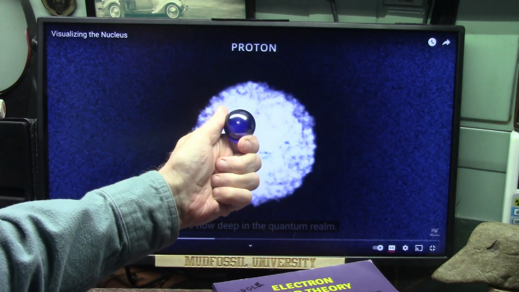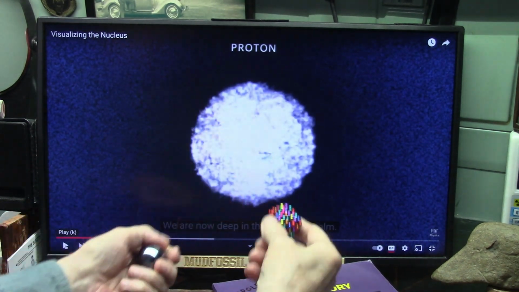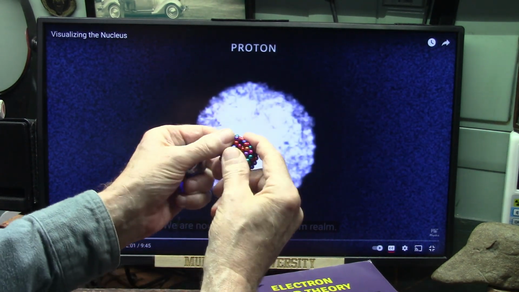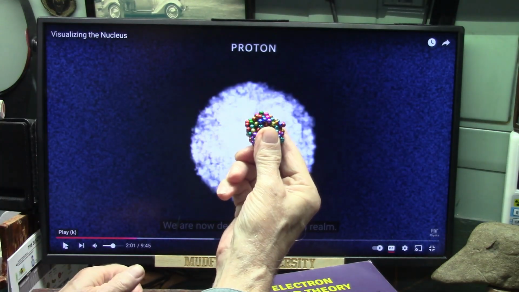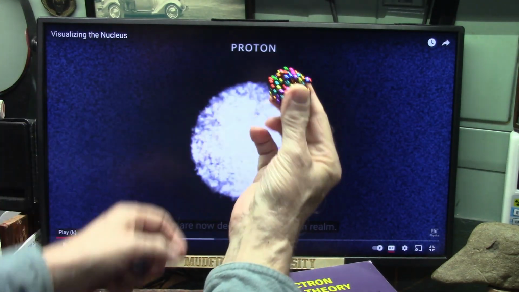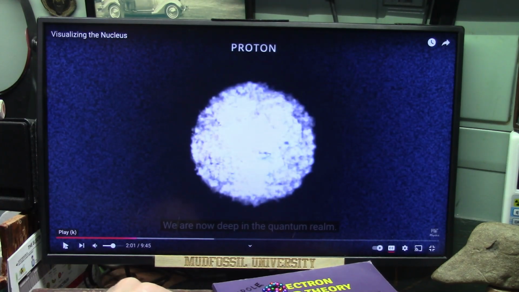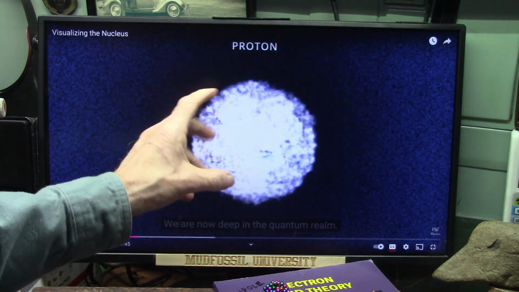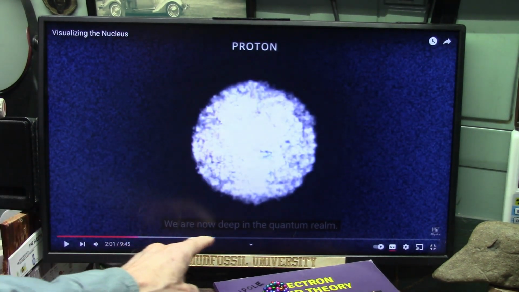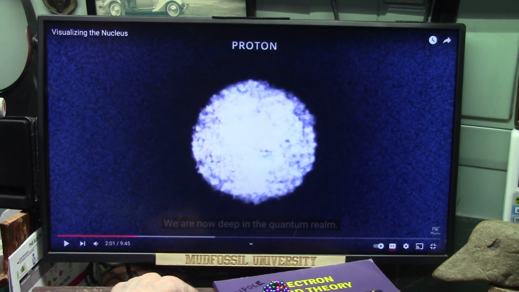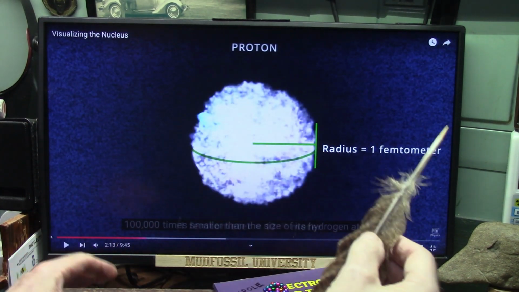Well, I say a proton is not that. I say a proton is this. And it's made of dark matter in the center, surrounded by the white particles around it, and I actually can show that. All right, anyway, so they're inside the proton. They say we're deep into the quantum realm. And this I'm not sure I can go along with.